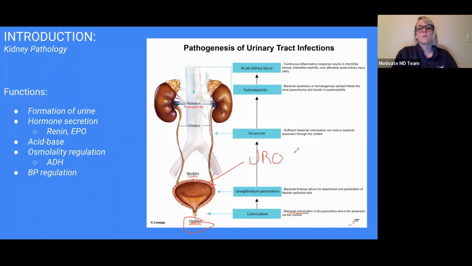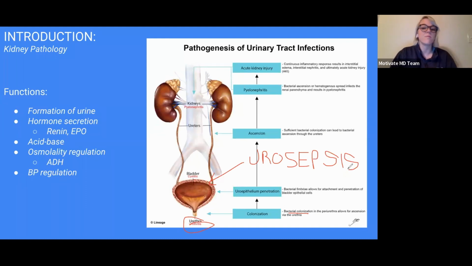Okay. And tell me a presentation in an older person that you guys would want to be kind of suspicious for urosepsis or for a UTI in an older person. Yeah, good. Confusion. Yeah, I mean, we often call that altered mental status.